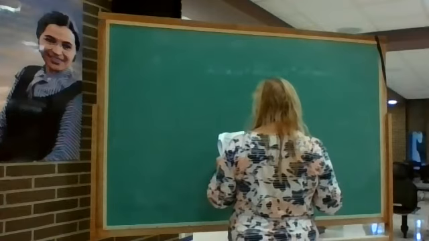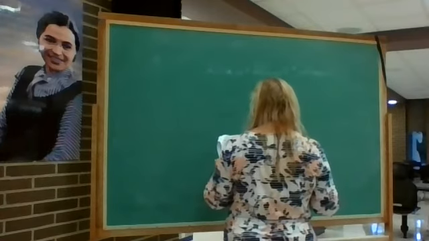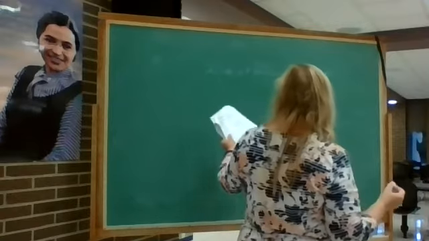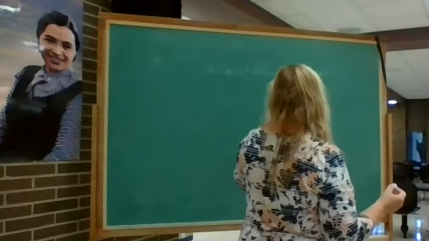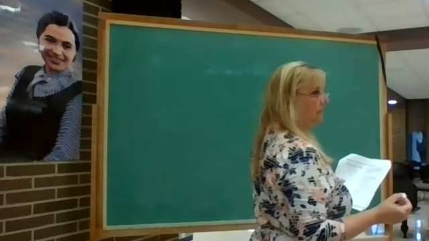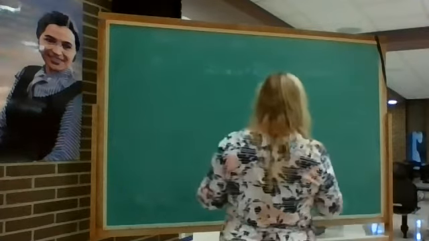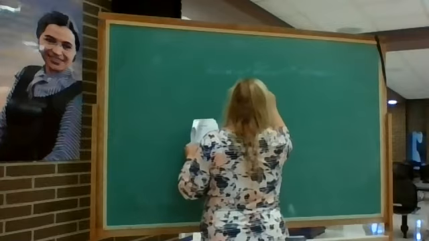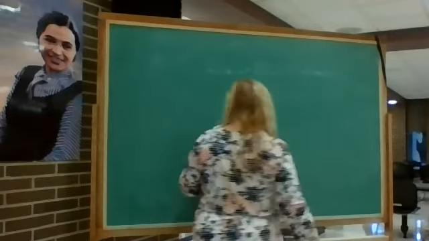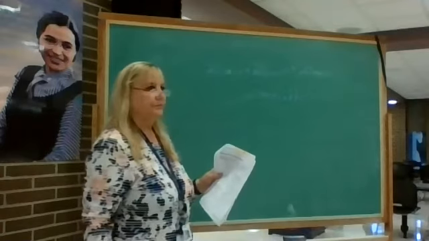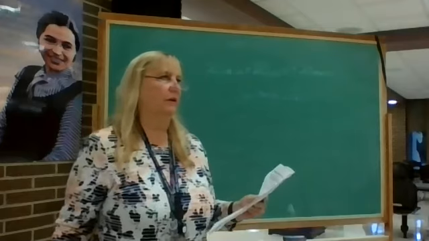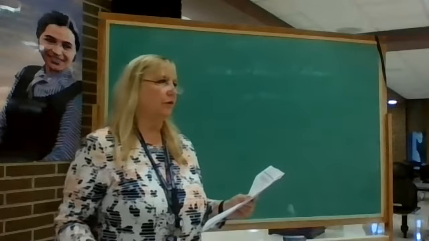So 20 and 20 is 40 and another 20 is 60, that's 60 minutes. So how many minutes are there in an hour? 60 minutes, right? So 60 minutes would equal 1 hour. So you would get D. How about number 12?